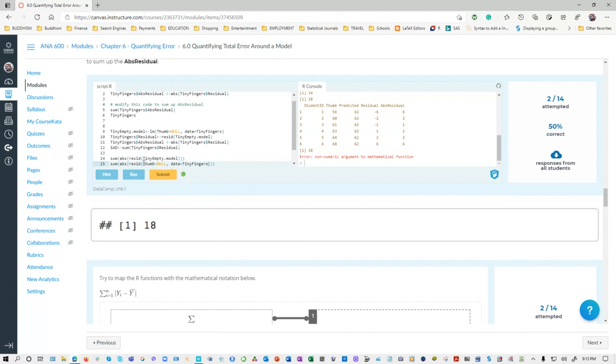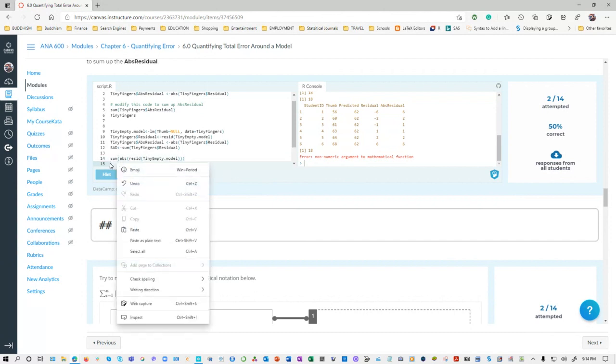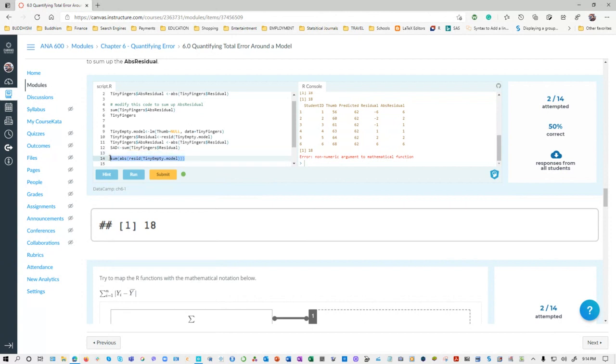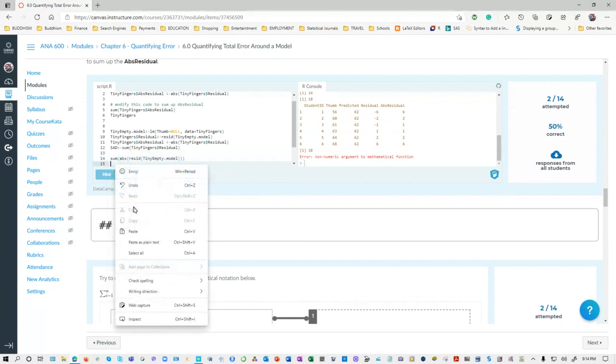Should work. It looks like a day. It doesn't take that one. Yeah, it should work.